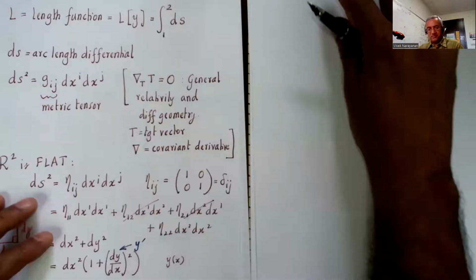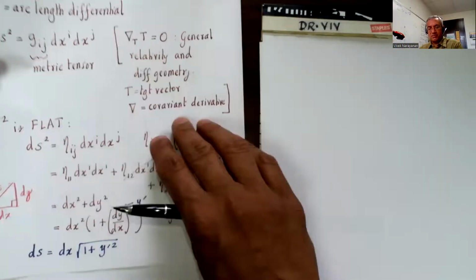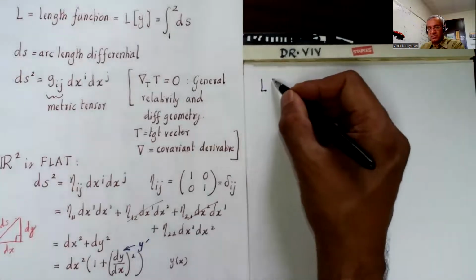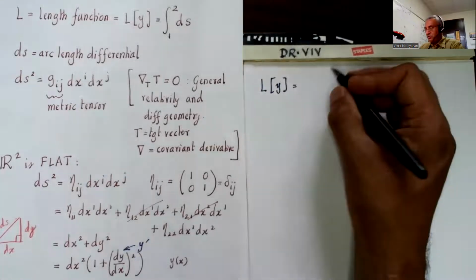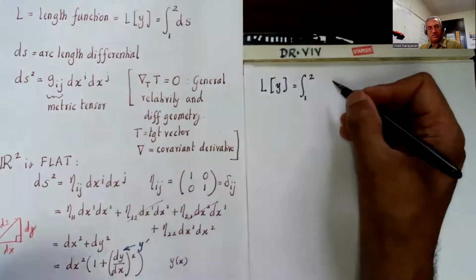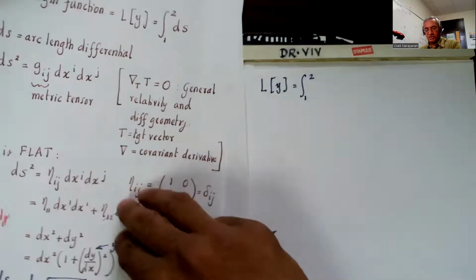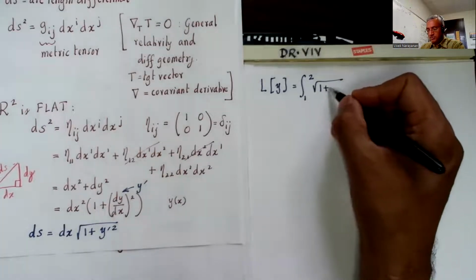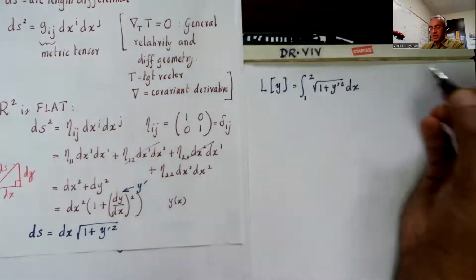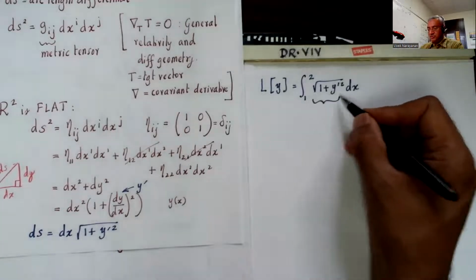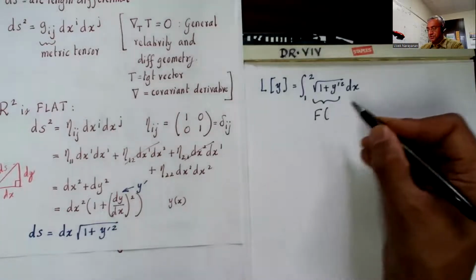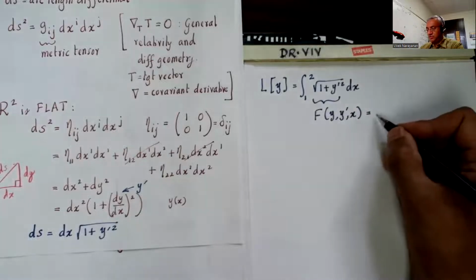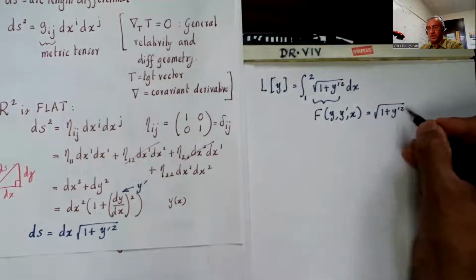So I'm going to get the arc length functional L is equal to the integral from 1 to 2 of ds, which is this. So it's the square root of 1 plus y prime squared dx. And this immediately tells us that our function of the functional, which is f of y, y prime, and x, is the square root of 1 plus y prime squared.